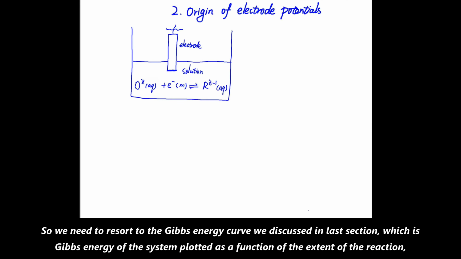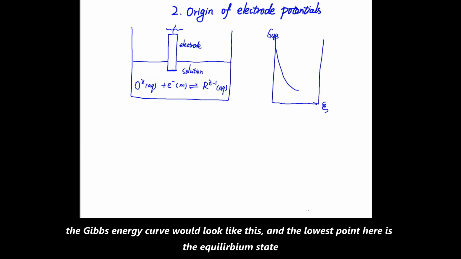So we need to resort to the Gibbs energy curve we discussed in last section, which is Gibbs energy of the system plotted as a function of extent of the reaction, and the Gibbs energy curve would look like this. And the lowest point here is the equilibrium state.